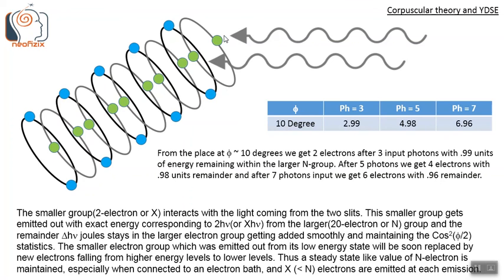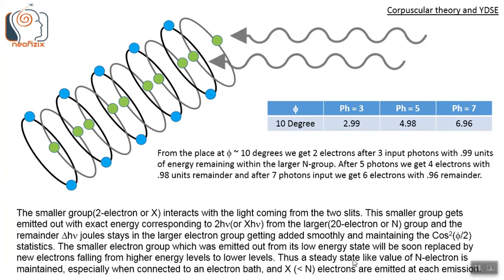So the smaller electron group, which was emitted out from its low energy state, will soon be replaced by new electrons falling from the higher energy state. So it will have some higher energy state electrons surrounding it. As soon as there is a void or a gap, because these two electrons are emitted out due to the photoelectric effect, the higher energy electrons will jump and fill this space.